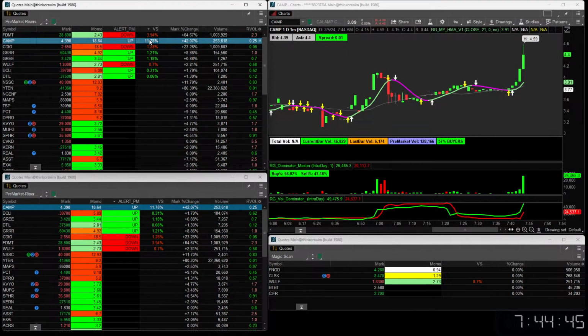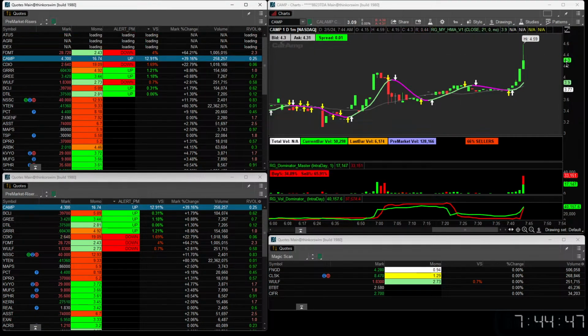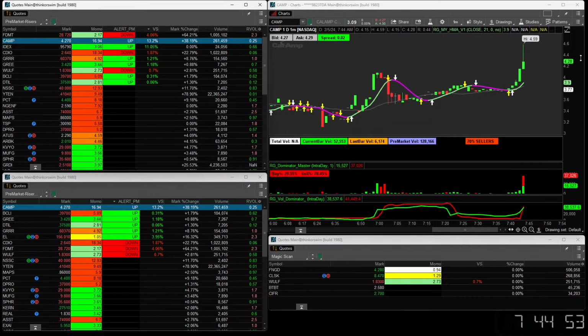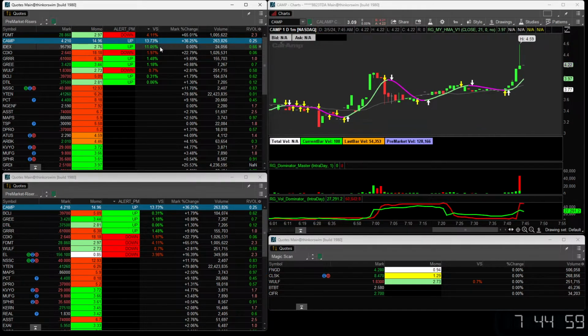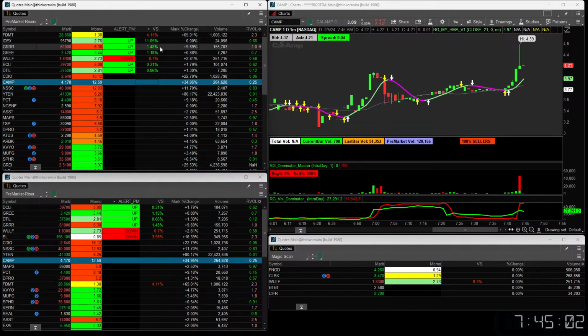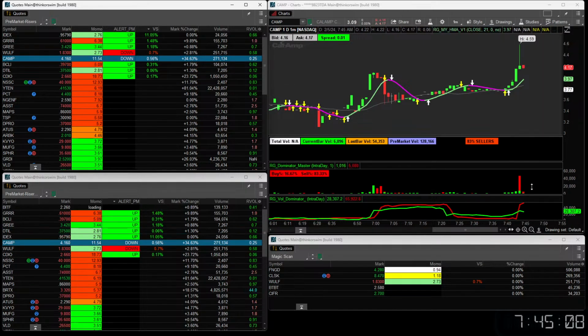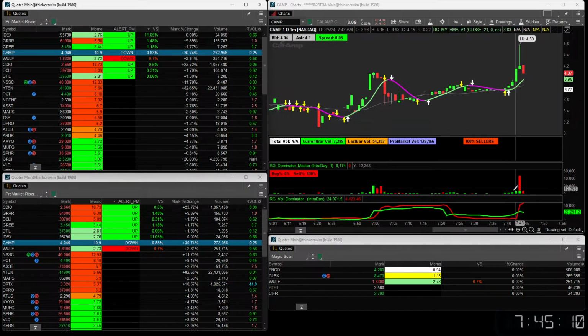Seeing another one jumping up, CAMP. Not looking so good on volume profile down here.